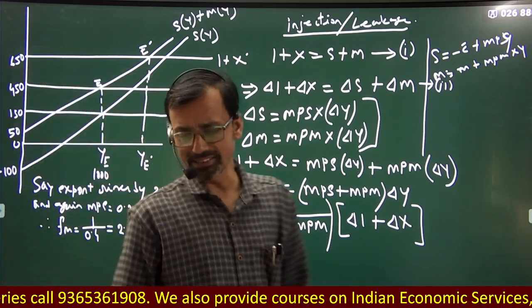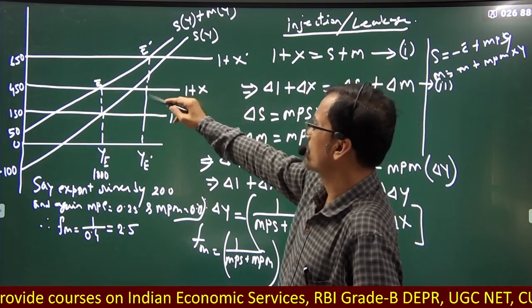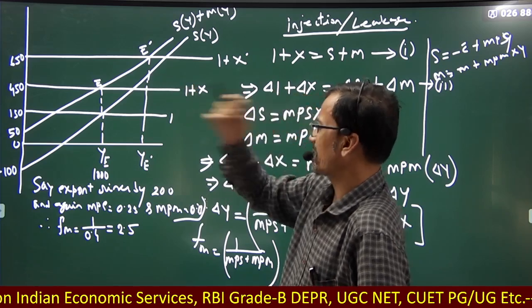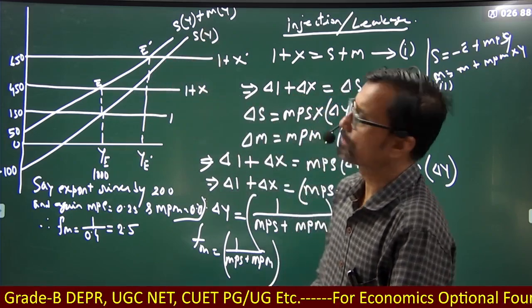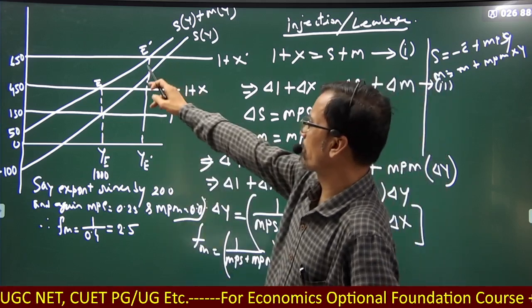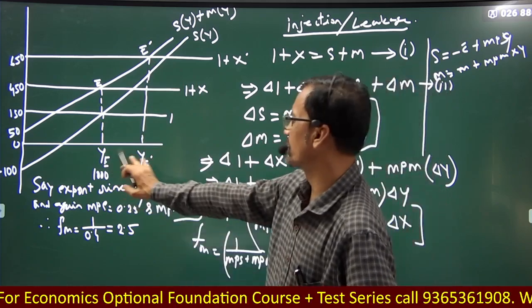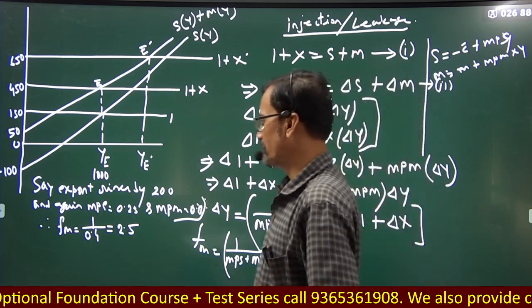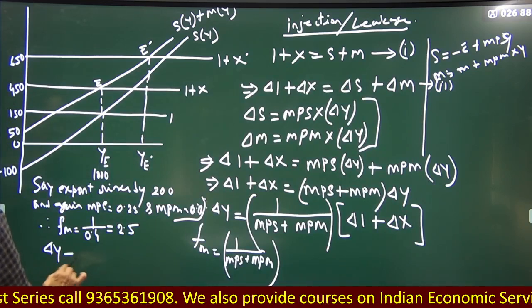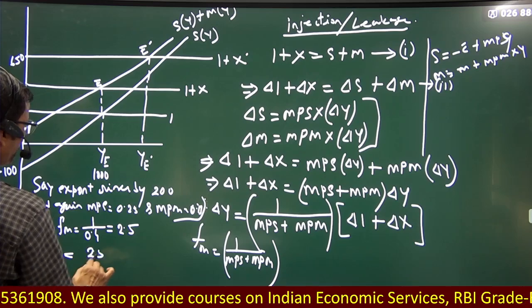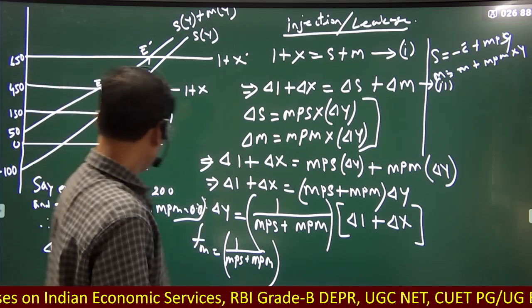Now suppose export is increased by 200. So the export curve shifts upward and intersects the saving and import functions at a higher point. So how much will the new income be? The change in income, delta Y, is the foreign trade multiplier times 200.